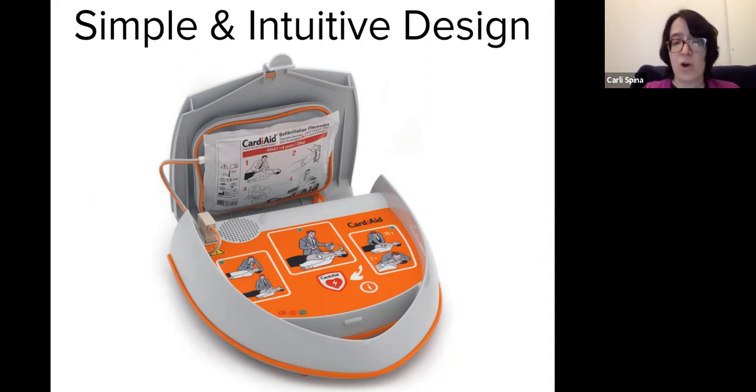You'll see that there's really only one major button, and there's even an arrow to that button. It's got pictorial diagrams, so it's not assuming that someone might speak any particular language. It has the diagrams repeated in two different places, so that if someone automatically looks in one location or another, they will know, either way, the information that they need.